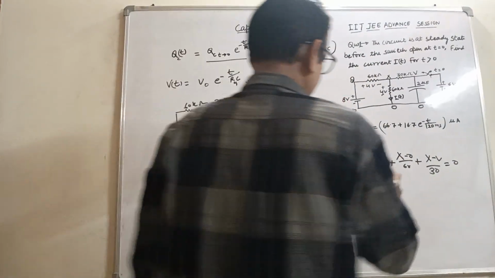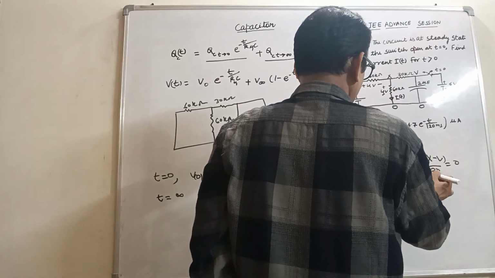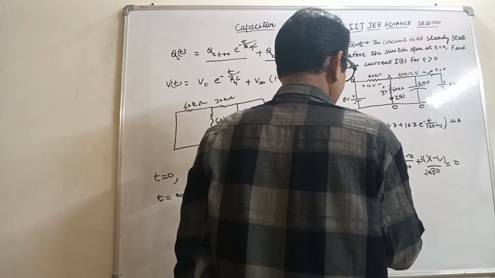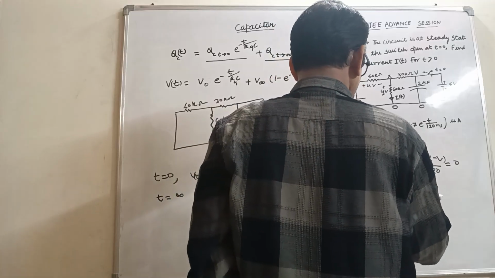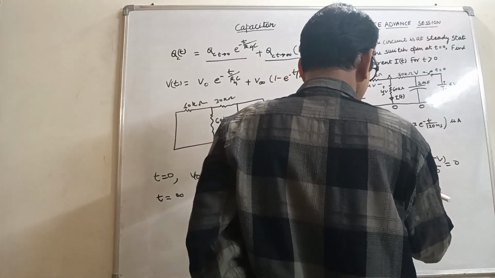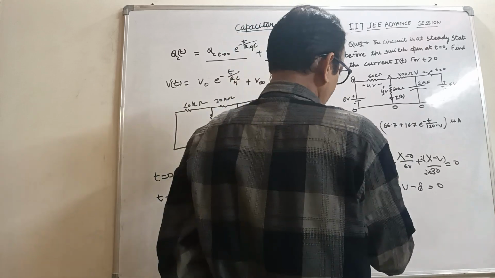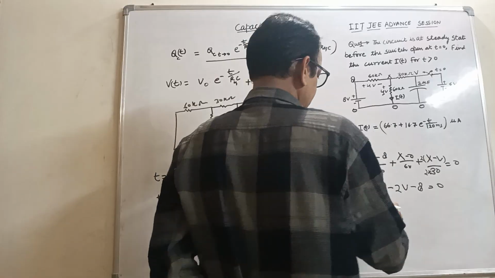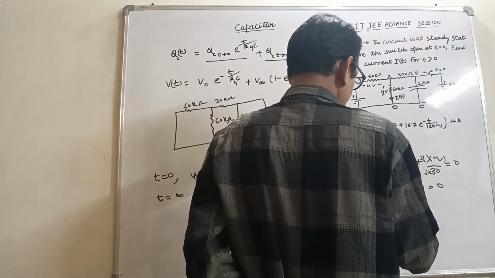So this becomes x, and this becomes 2 times, and 2 times 60. So the sum gives 4x minus 2V minus 8 is equal to 0. So 4x minus 2V can be written as 2x minus V is equal to 8.